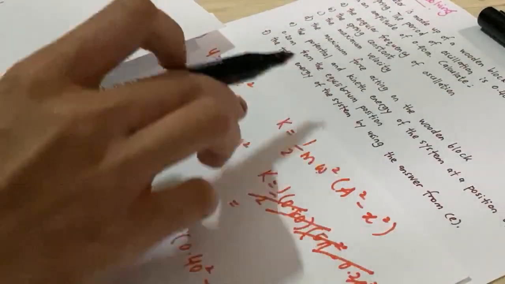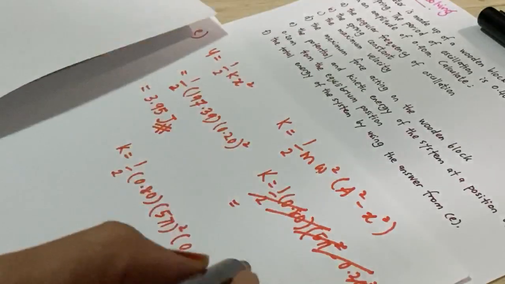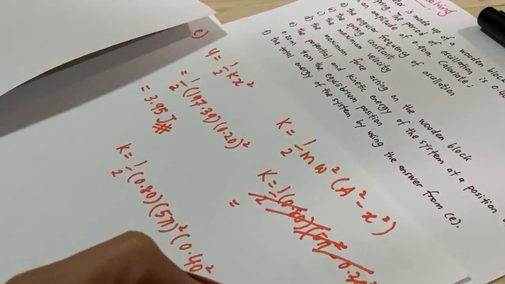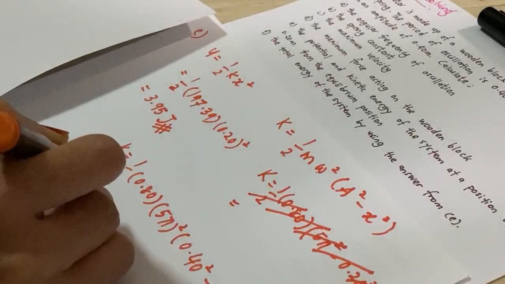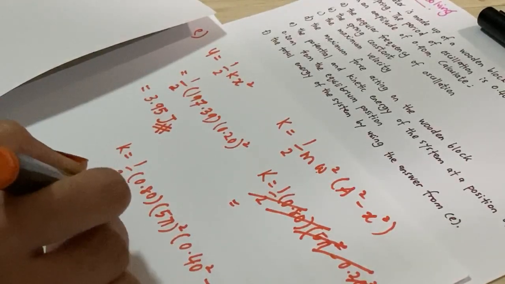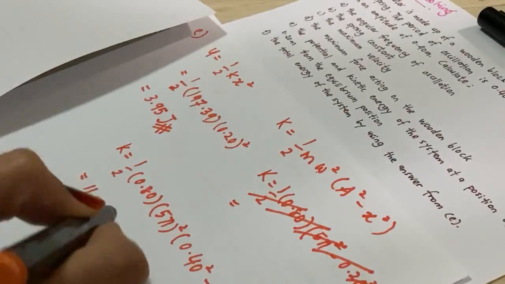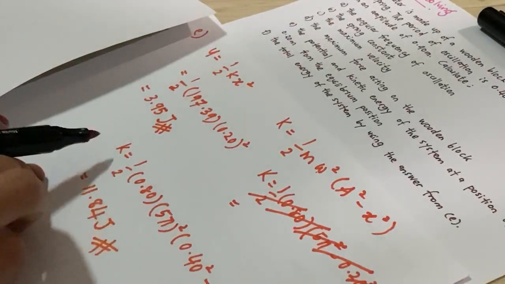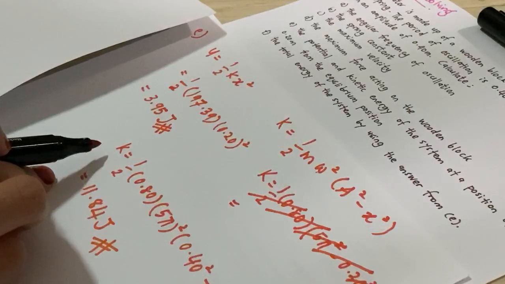Then x at the position 0.2, so 0.20 squared. Calculating this, you will get the answer 11.84 joule for the kinetic energy.